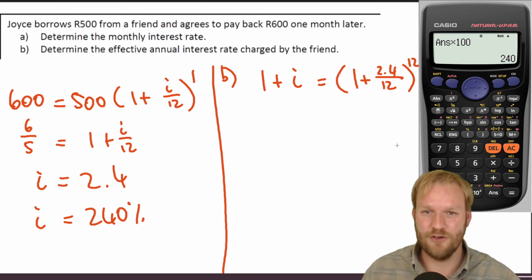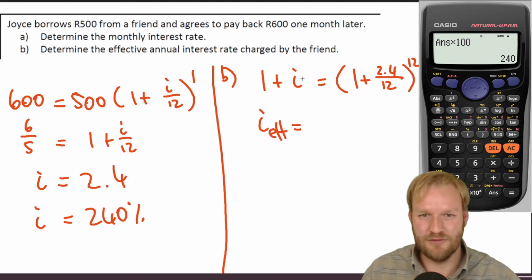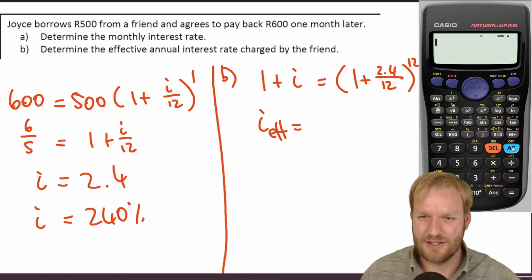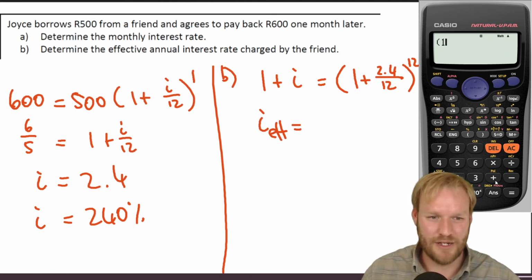So 2,4. Therefore, our i effective, and context tells us that it's the effective interest rate, is 1 plus 2,4 over 12, which maybe you wanted to simplify in your head, and that's fine. The power of 12, I reckon the calculator is helpful.